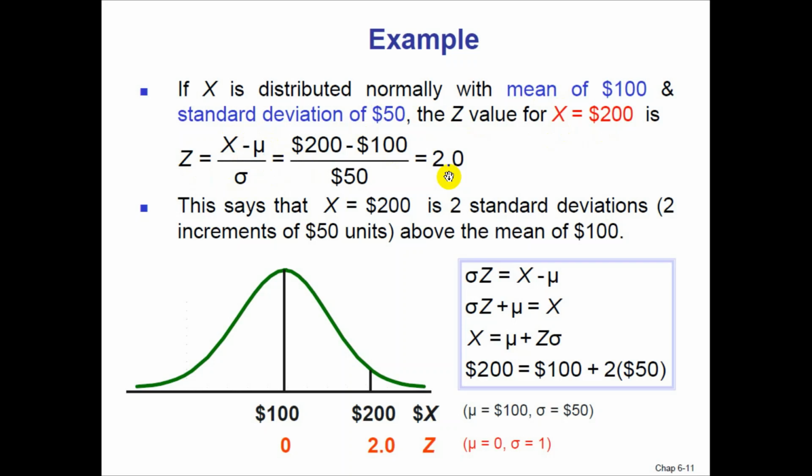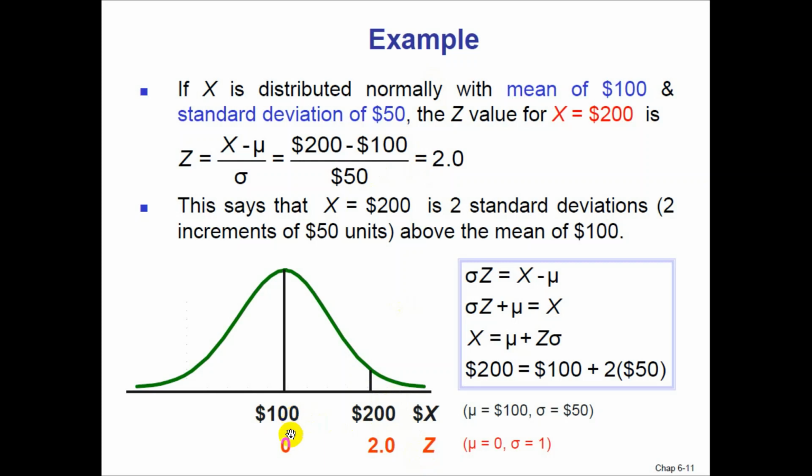This says that x equals 200 is 2 standard deviations, or 2 increments of 50 units, above the mean of 100. So when you plot this normal distribution curve, the x-axis has the x value in dollars, and the center is the mean value of 100. Two standard deviations of spread, 2 multiplied by 50, gives you 200 here.